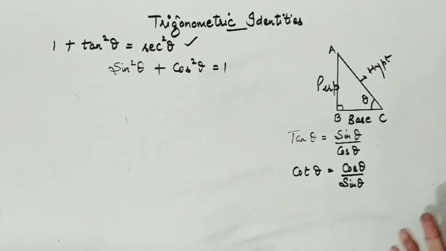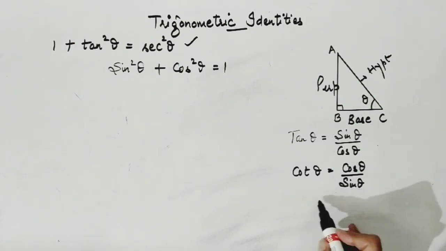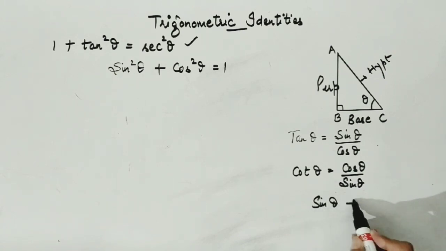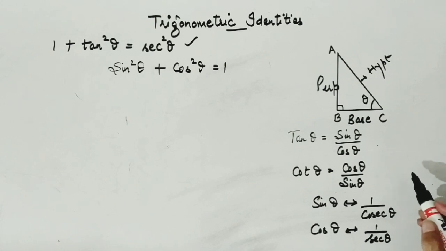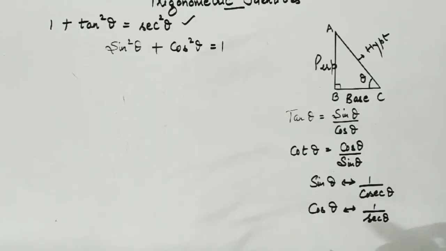And the other reciprocals, the partners which were discussed: sine and cosec. Sine is actually 1 by cosec, cos is 1 by sec, and tan. How can we write tan? Tan is 1 by cot.